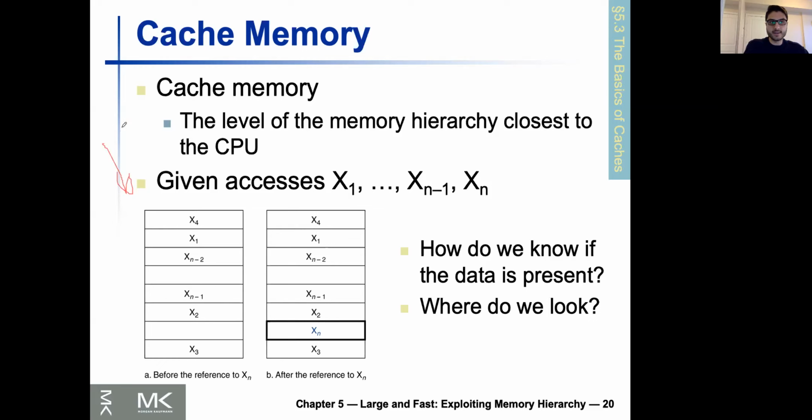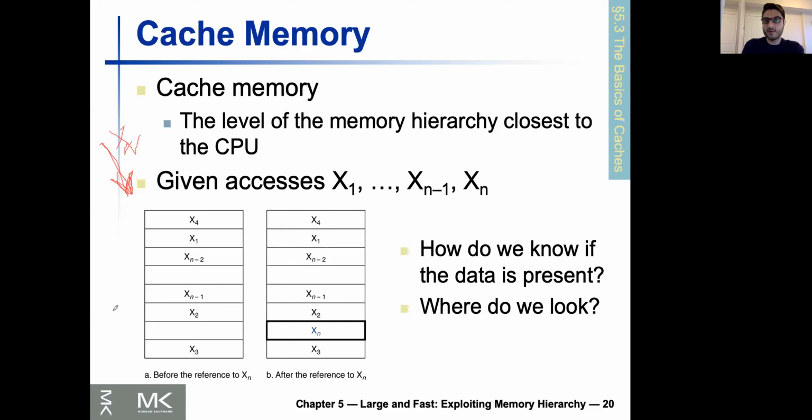A program was running, and at one iteration, we needed to access XN. We take a look at this cache, assuming we have only one level of cache, and we see XN is not found. So we had a miss.